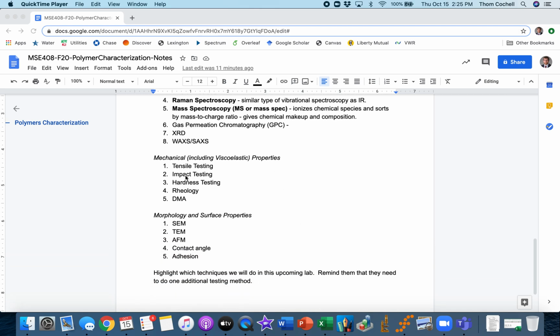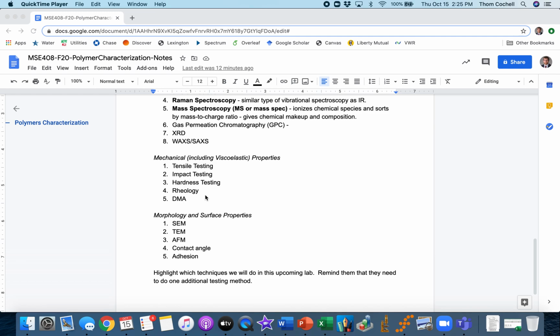Next, mechanical properties. A lot of these are things that you've already done for other materials. So tensile testing, impact, hardness, all of those things can give us useful information about polymers, the mechanical properties, and so forth. So those are all things you're used to. There's differences when you talk about the viscoelastic properties of polymers that come in those tests. But the other one is rheology.